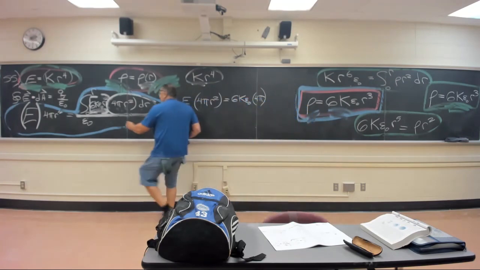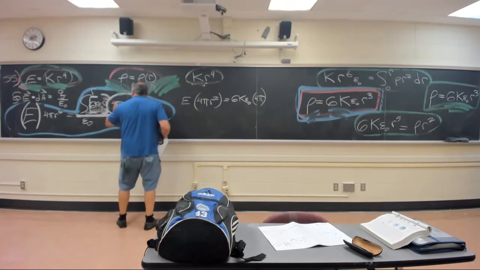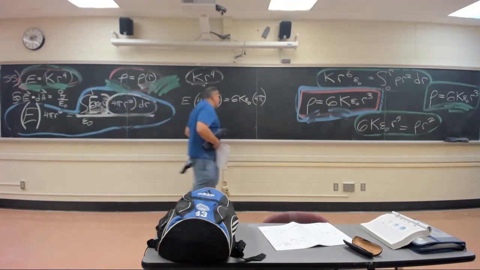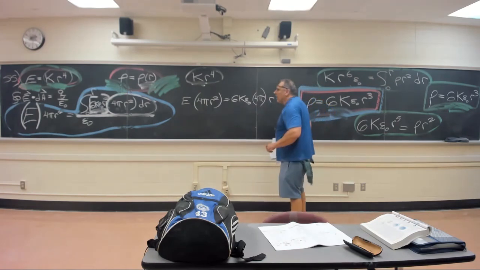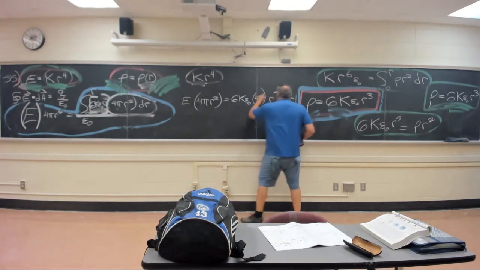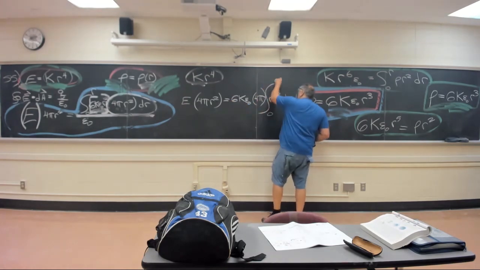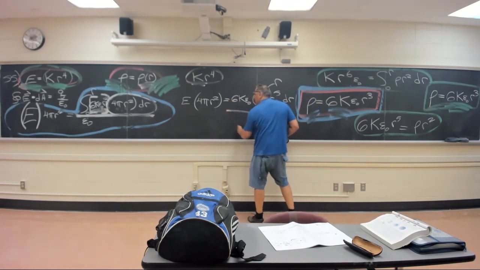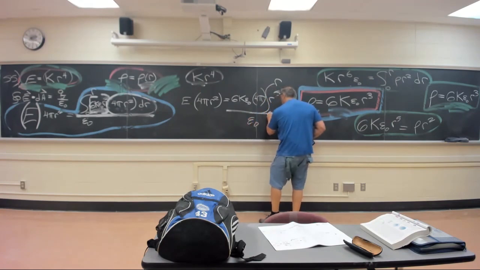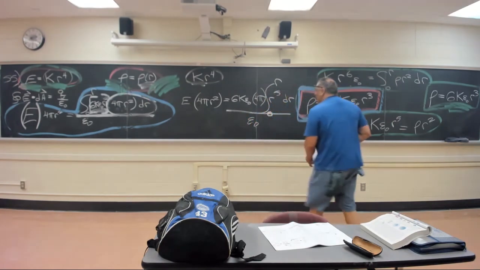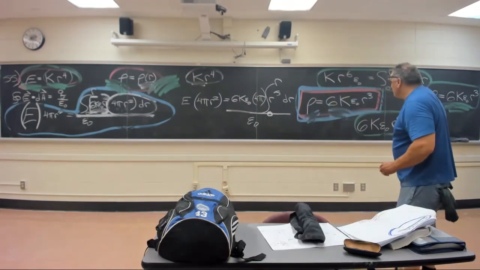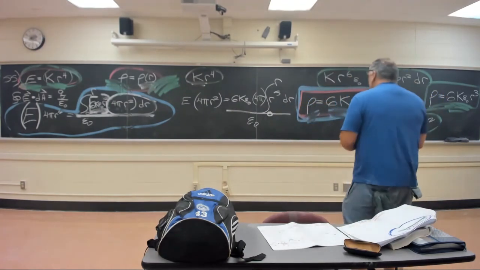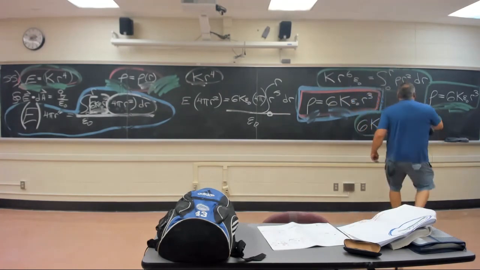Yeah, absolutely. 6k epsilon naught times 4 pi, r cubed times r squared is r to the 5th. The integral from 0 to r, and that's that. Okay, sure.